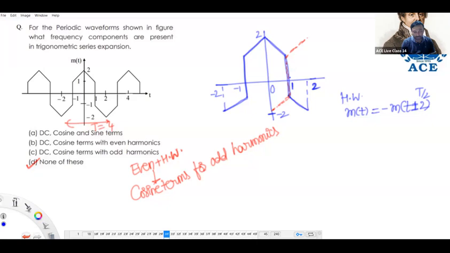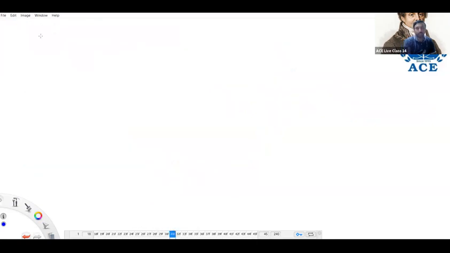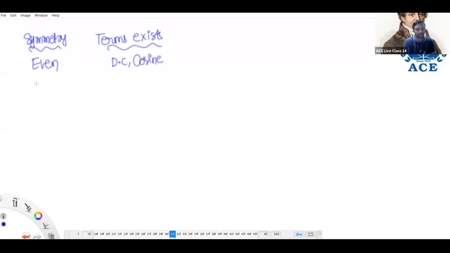It means, what is the point to be observed? What is the symmetry and which terms are existing? Even symmetry means DC and cosine terms exist. Odd symmetry means only sine terms exist.